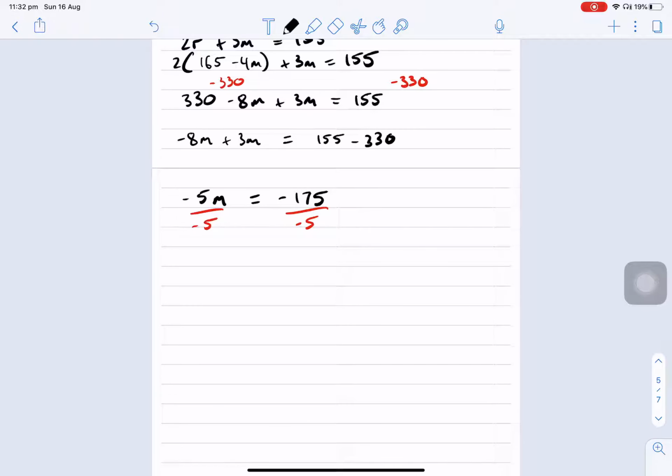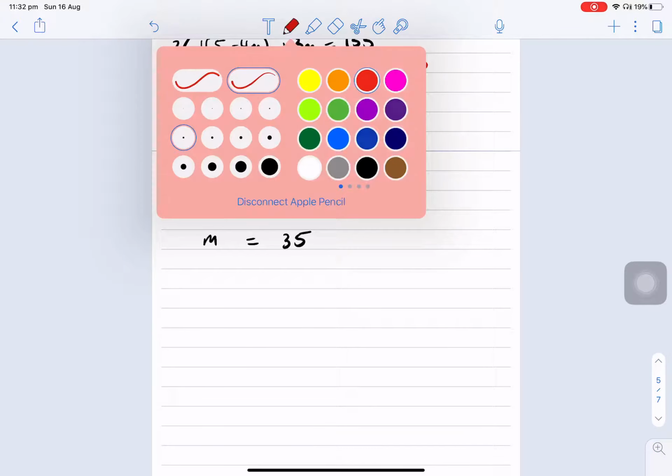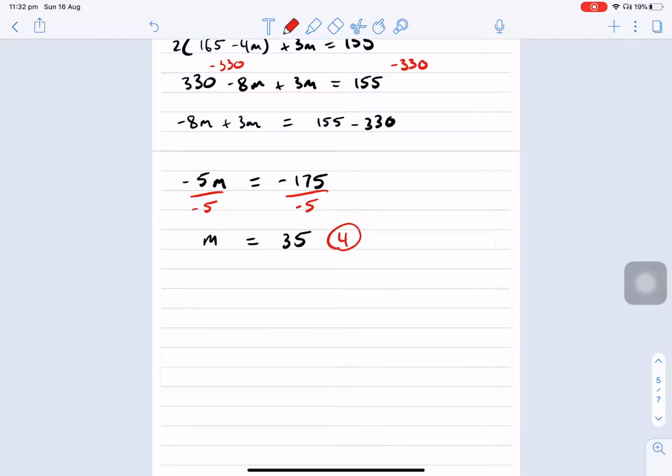So negative 5M divided by negative 5 just gives us positive M, and negative 175 divided by negative 5 gives us 35. Okay, so M equals 35 is now equation 4.